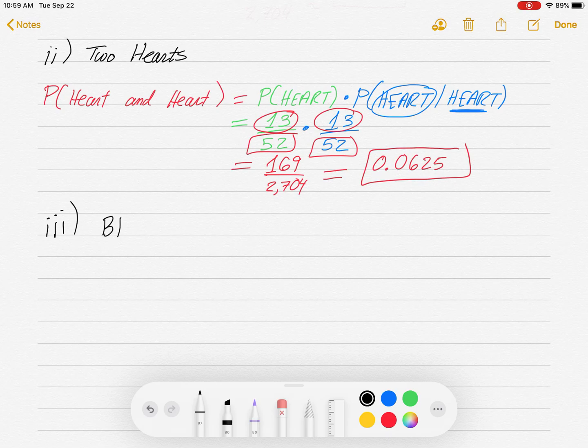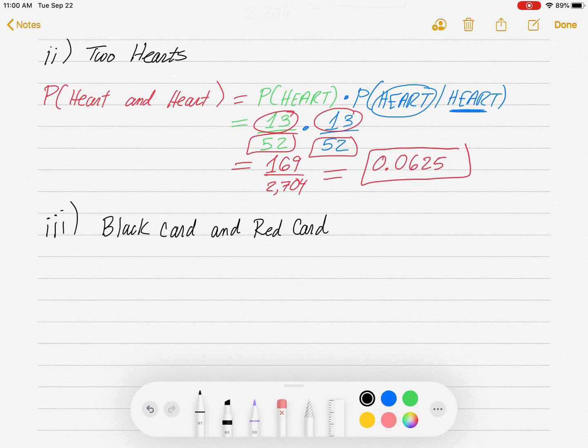Okay, we'll do another one under this heading. What's the probability of getting a black card and a red card? It doesn't say which one has to be first. You can first get a black and then a red, or first a red and then a black.